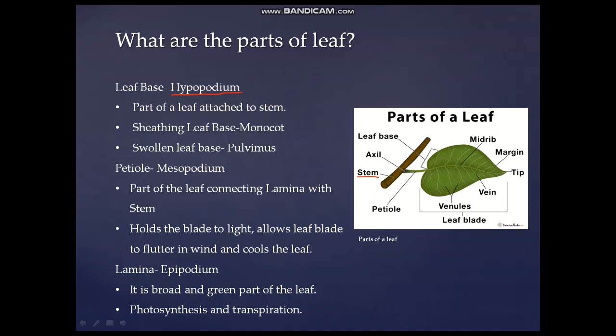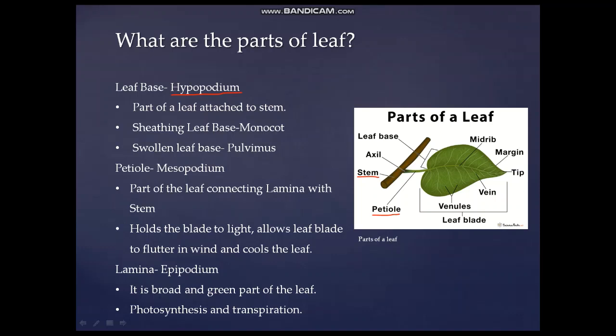The second part of the leaf is called petiole, also known as mesopodium. It's a stalk-like structure that connects lamina with stem. The function of petiole is to hold the blade to light so that the leaf gets proper sunlight, allow the leaf blade to flutter in wind and cool the leaf.